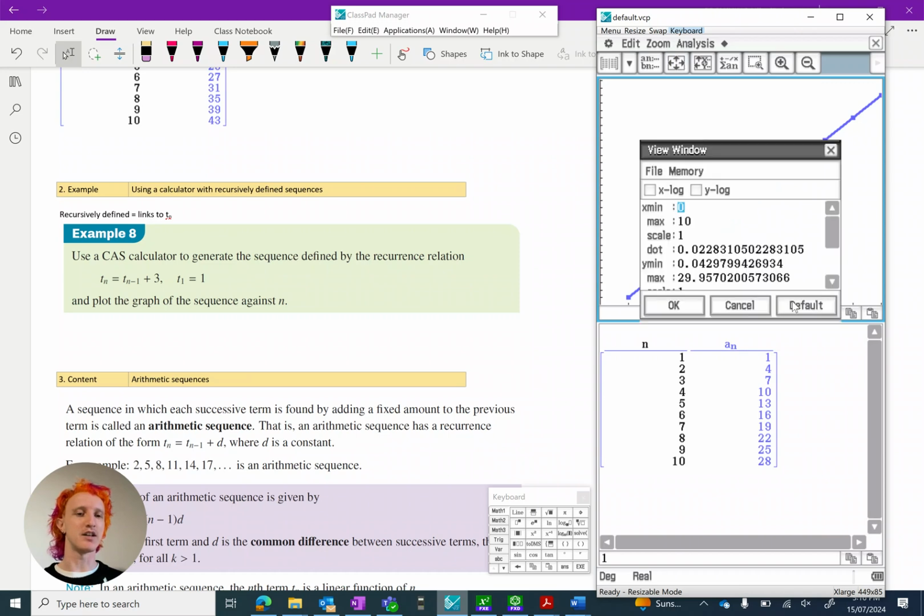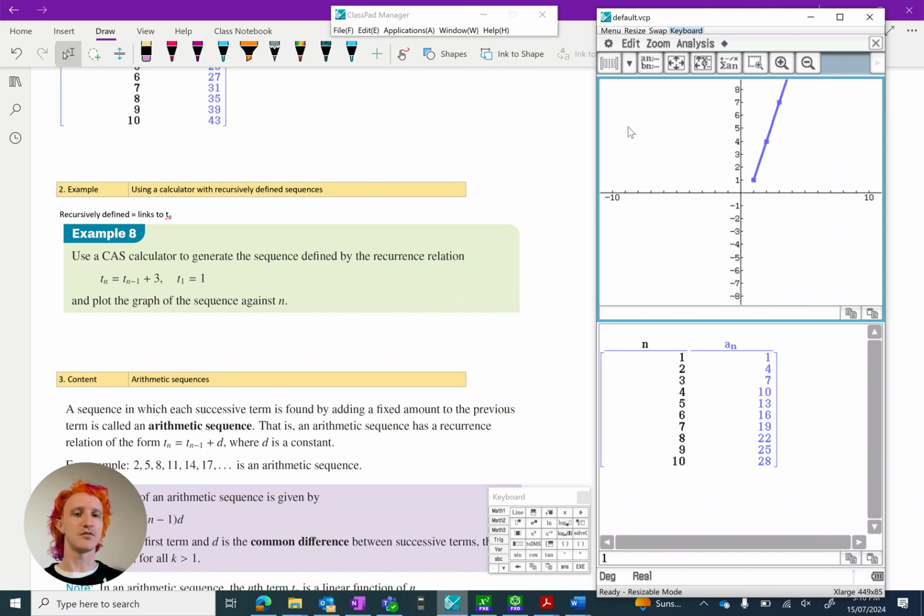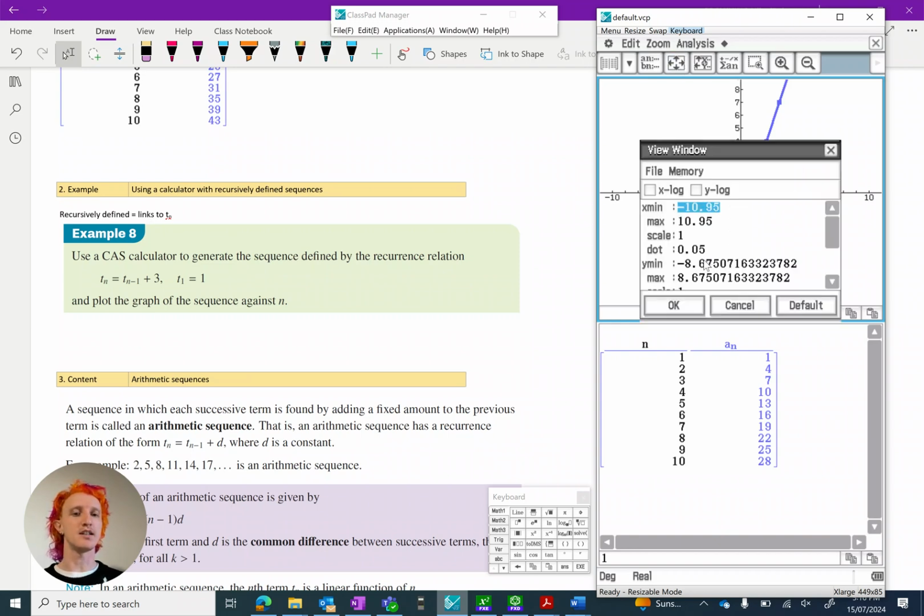But if we had started with our default values, it would have looked a bit different. We need to change those axes. We're going from 1 to 10, so we'll go from 0 to 10. Our minimum is 1. I'm going to start below the x-axis just so you get a little bit of the axis in there.